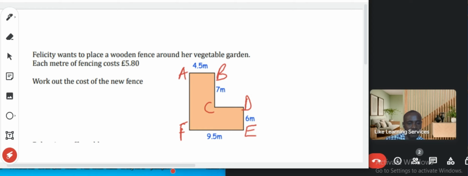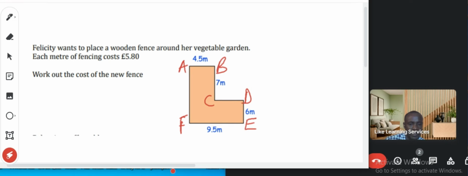Need to solve A to F because it's a horizontal. A to F is not horizontal. Now A to F is vertical. It's a vertical height. I'm talking about C to D. C to D. I'm listening. 9.5 minus what?